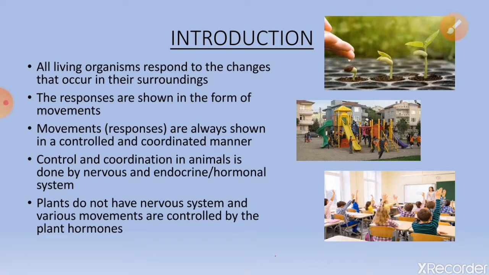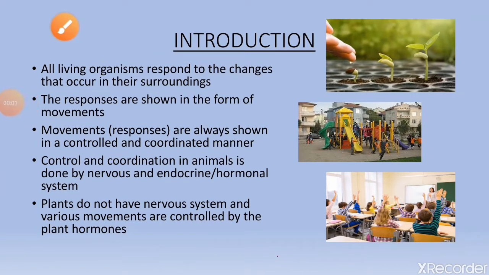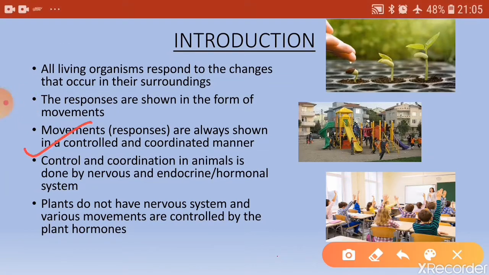Now, why do we consider movement as the most important criterion to decide whether a thing is living or not? It is because movements are the responses shown by organisms to the changes that occur in the surroundings. Right? Now, the movements are always shown in a controlled and coordinated manner.